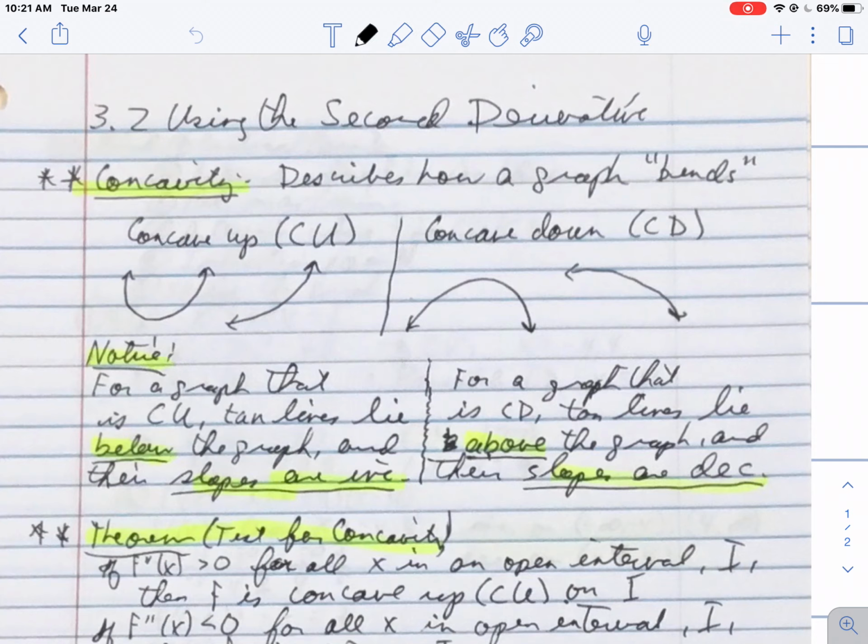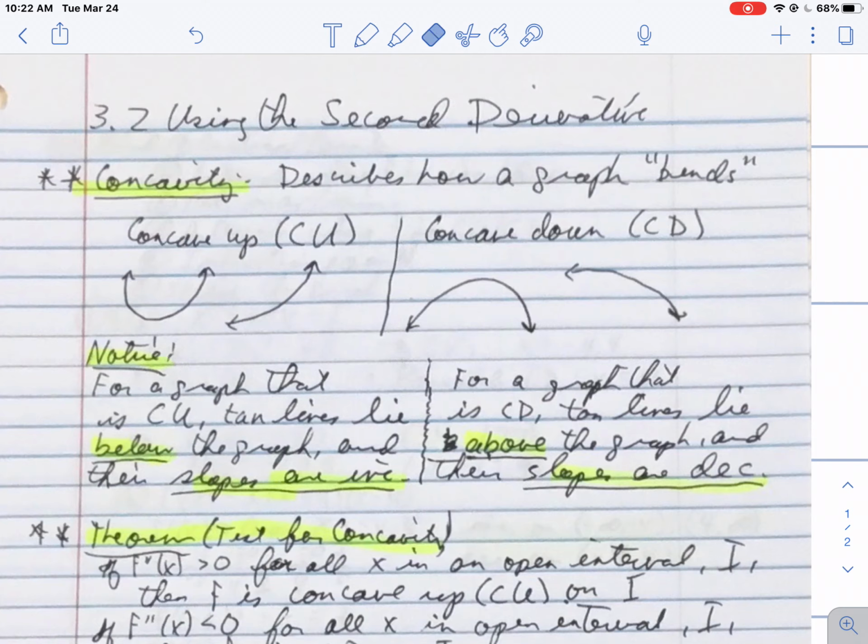Say this one on the left: every tangent line that I would draw that touches that curve at one point lies below the curve, in the case that the graph is concave up. On the other side, if we draw tangent lines to the curve that's concave down, notice all those tangent lines lie above the curve.